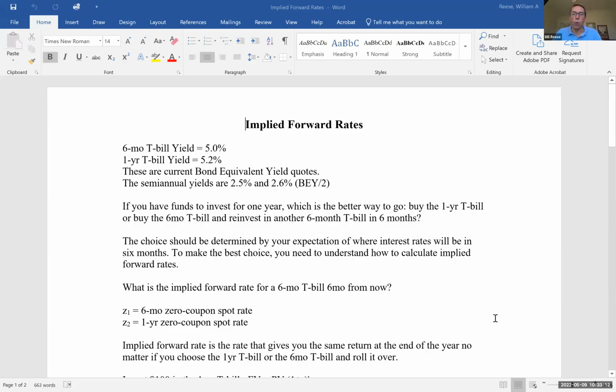Let's suppose you are a corporate treasurer and your job is to invest a large sum of money, and you need to invest it for 1 year. Your primary goal is to have the most money possible at the end of 1 year. You're only going to invest it in treasuries because you believe it has to be conservatively invested.